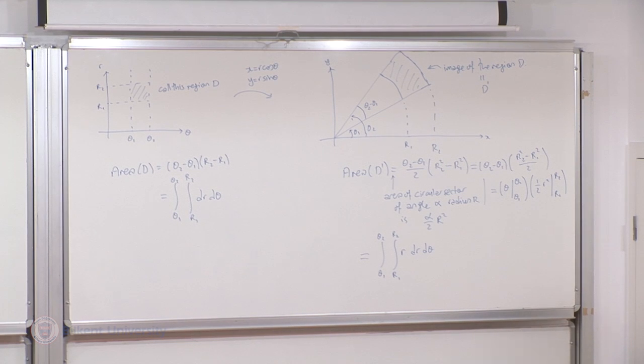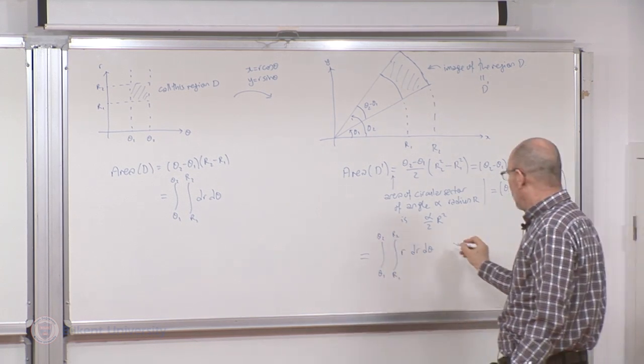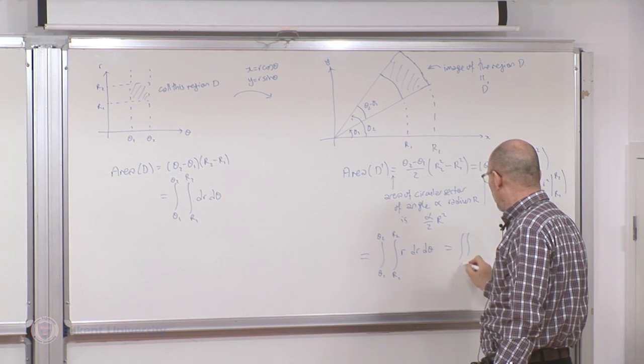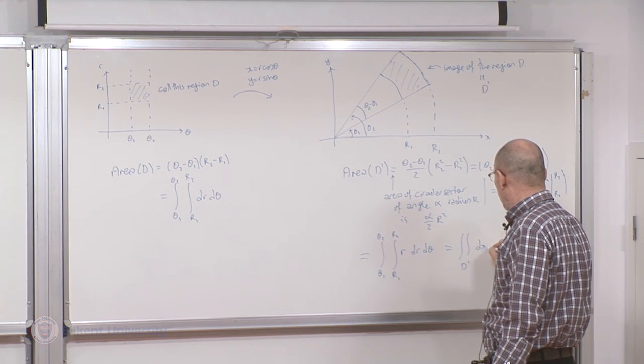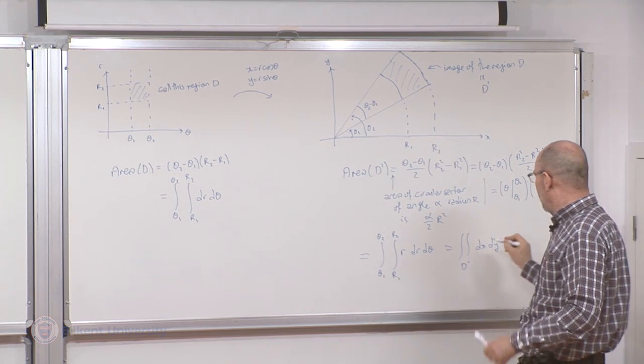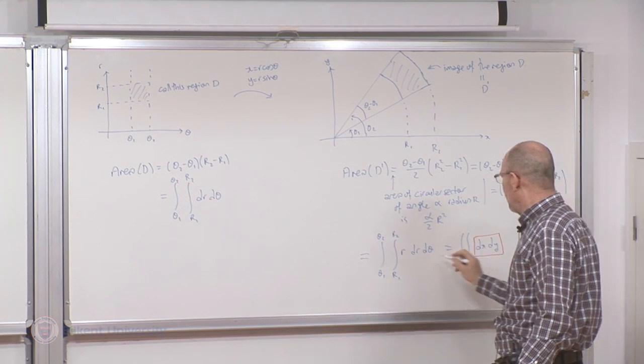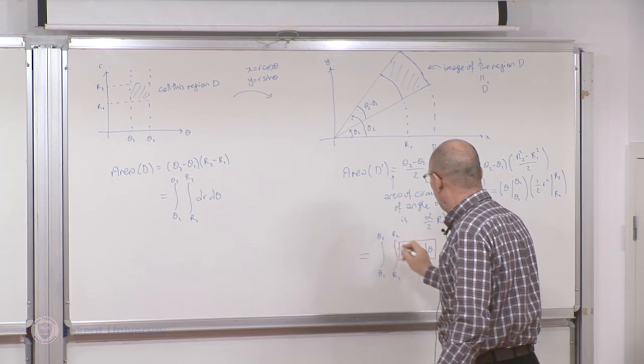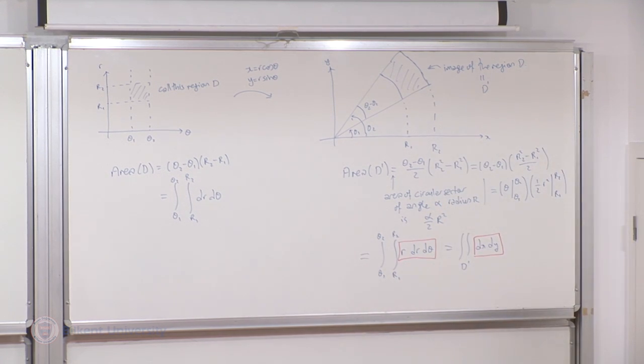So this suggests that if I have the double integral over D prime dx dy, this dx dy should be replaced by this. So this is one way of convincing us that dx dy is not immediately replaced by dr d theta.